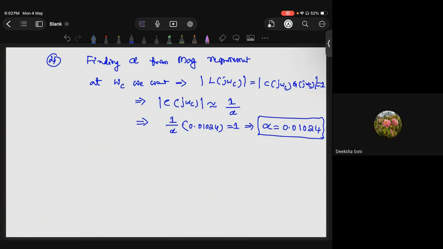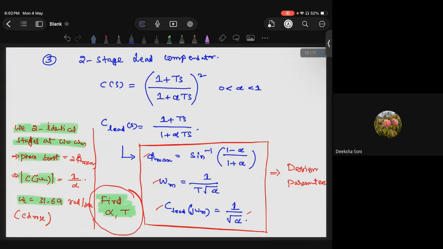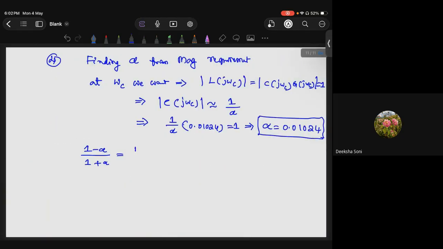Now you can compute 1 minus alpha by 1 plus alpha, because we have this phi max. So 1 minus 0.01024 divided by 1 plus 0.01024 is approximately 0.9797.